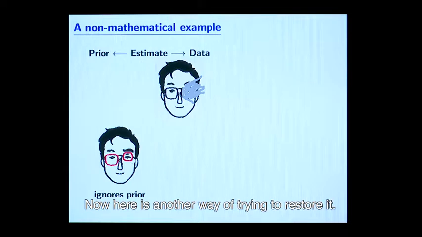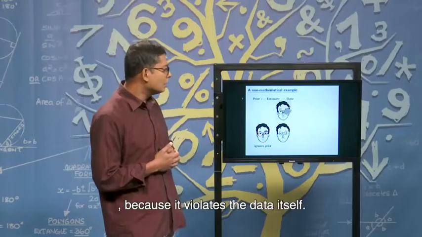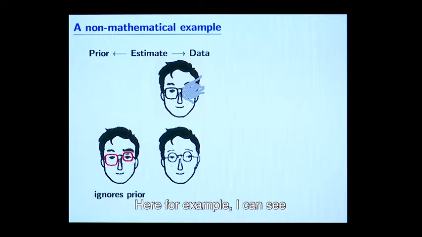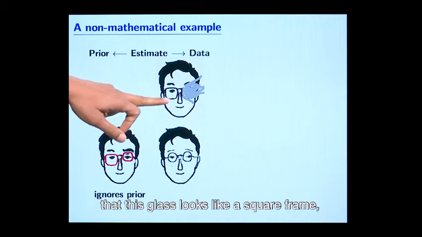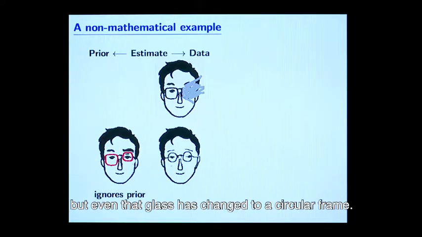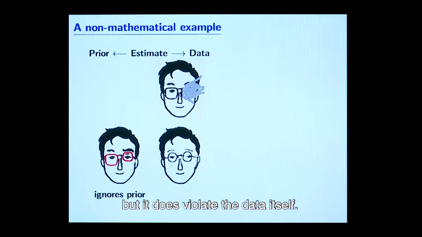Now here is another way of trying to restore it. This is also not very good, because it violates the data itself. Here for example, I can see that this glass looks like a square frame, but even that glass has changed to a circular frame. So it does not violate my prior experience that glasses are typically symmetric, but it does violate the data itself.